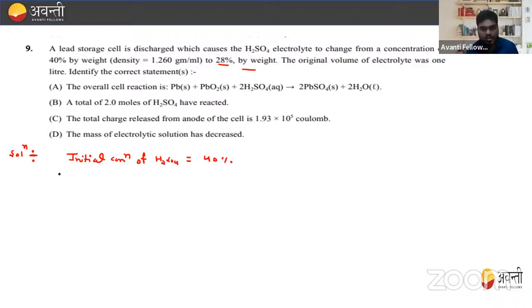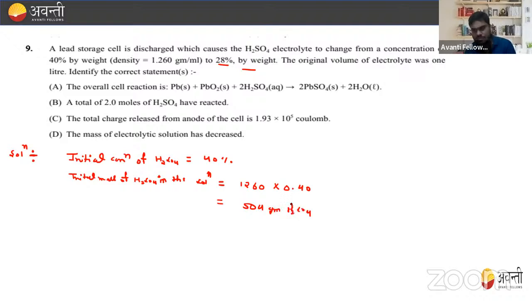What is the mass corresponding to this 40%? The initial mass of H2SO4 in the solution is its density, that is 1260 gram, multiplied by 0.40. So it comes out to be 504 gram of H2SO4.